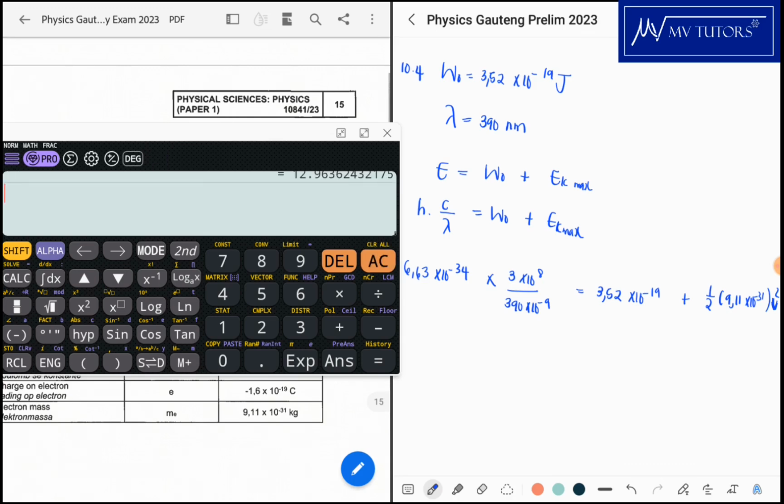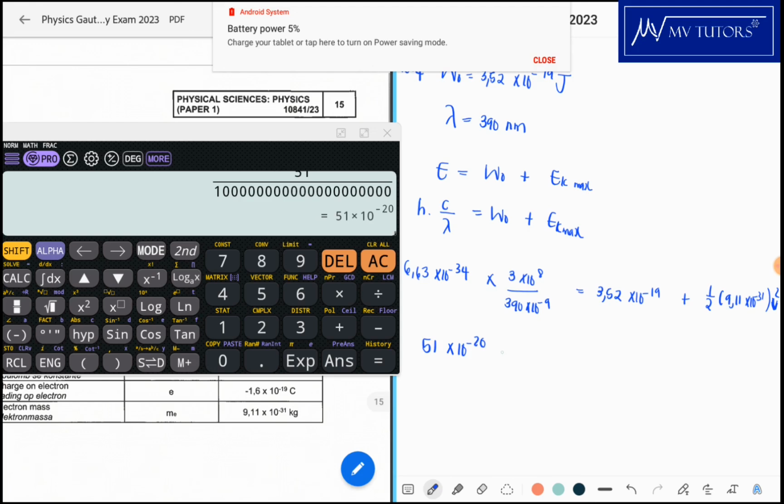We have 6,63 times 10 to the negative 34 multiplied by 3 times 10 to the 8 over 390 times 10 to the power negative 9, and we get 5,1 times 10 to the power negative 19.